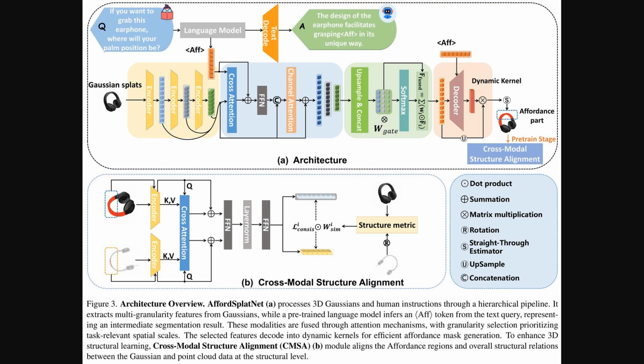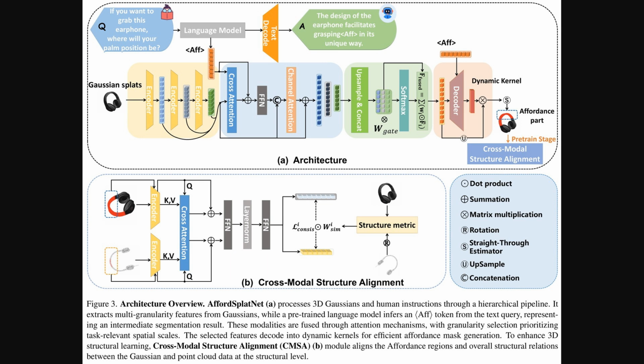Alright, so Figure 3 gives us a look under the hood at the AffordSplatNet model itself, detailing its architecture. Part A shows the main pipeline. You can see it takes in those 3D Gaussian splats we've been talking about, and also a text query, for example, "If you want to grab this earphone, where will your palm position be?" The Gaussian splats go through a series of encoders, which are like specialized processors that extract increasingly complex features from the 3D data.